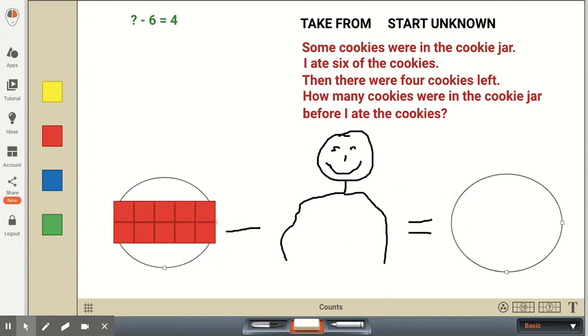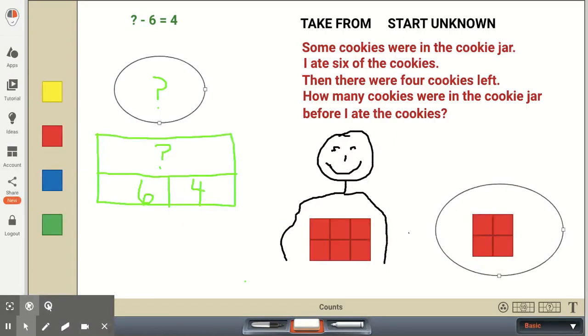So when I move these back into the cookie jar, I can see I have the 6 cookies that I ate plus the 4 cookies that were left in the cookie jar. So the total of the 6 plus the 4, that would give me the answer of how many cookies were in my cookie jar. So if I know my add-ins to 10, 6 plus 4 would be equal to 10. Or if I need to count, I have the 6 that I started with, 7, 8, 9, 10.